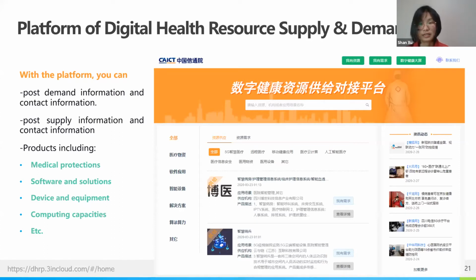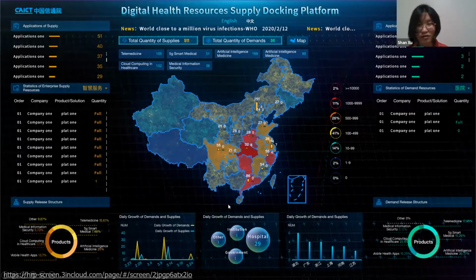The products that you can post include medical protections, software and solutions, intelligent devices, equipment, and also what we have mentioned, like Alibaba's computing capacities and so on. So this is the visualization of this digital health resources supply and demand platform.